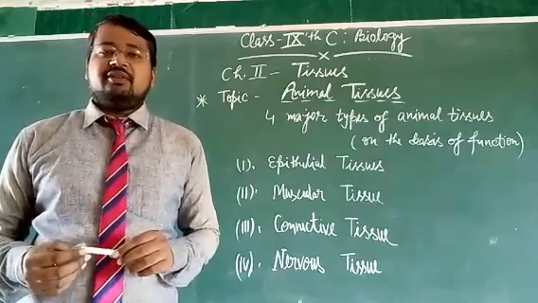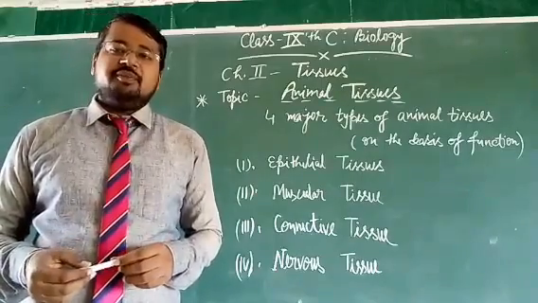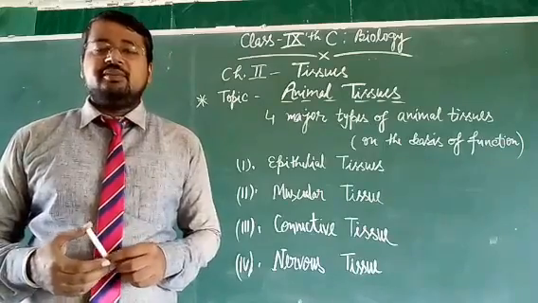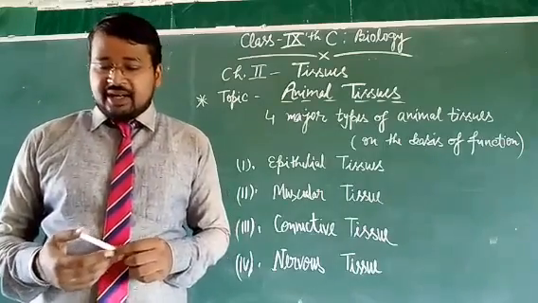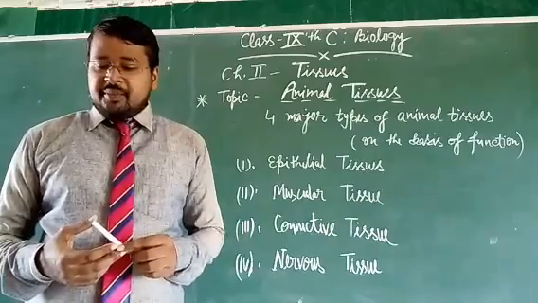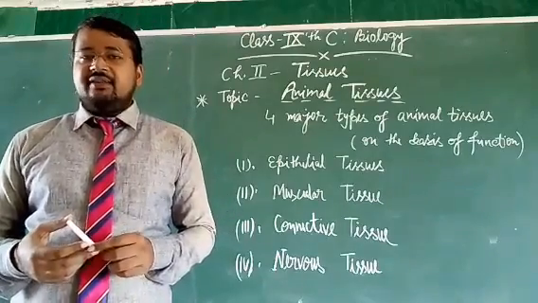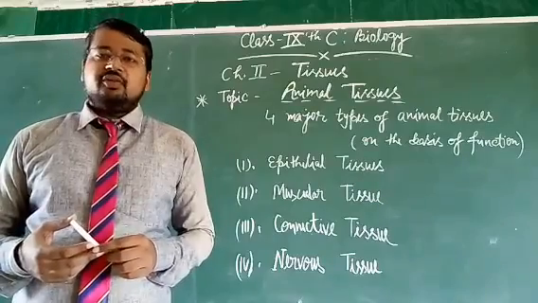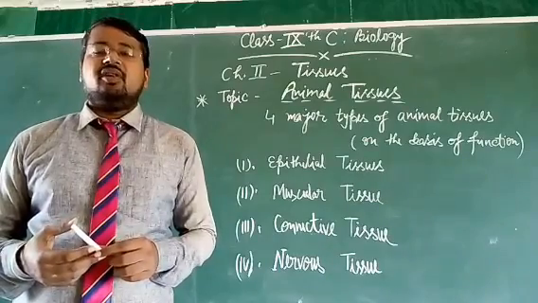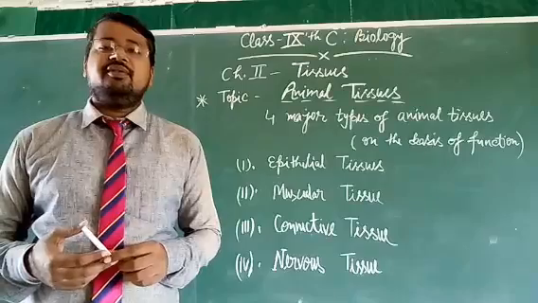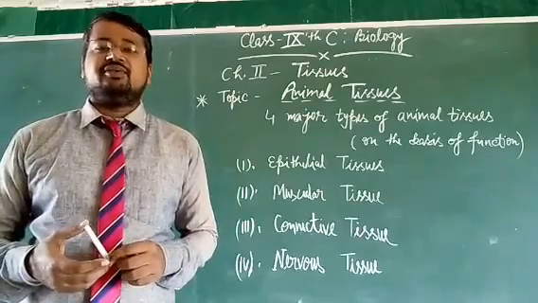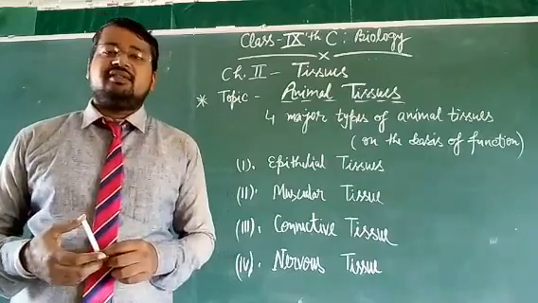What is the location where you can find the presence of epithelial tissues? Some examples are given in your book: the lining of mouth, the skin, the lining of blood vessels, lung alveoli, kidney. In each and every organ of the human or animal body, you will find the presence of epithelial tissues. There are slight modifications also present.